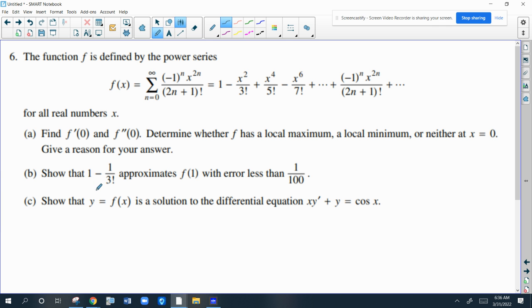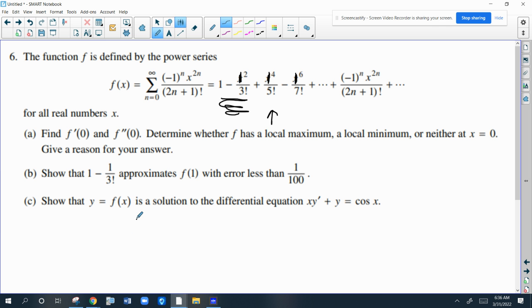So if we're looking at 1 minus 1 over 3 factorial, f of 1 would be this. Let me plug 1 in for all the x's. This indicates we're just using the first two terms to approximate the sum, and the alternating series remainder theorem says that it has to be within the first omitted term, which is 1 over 5 factorial.